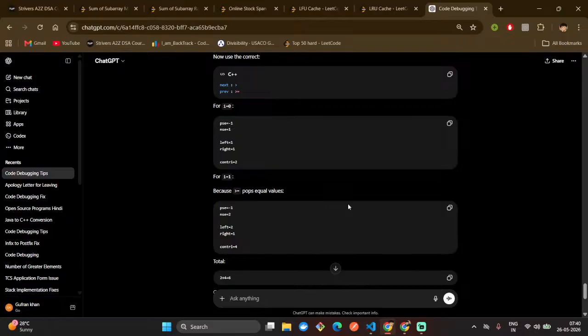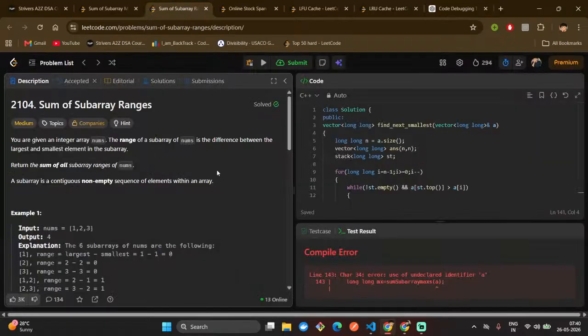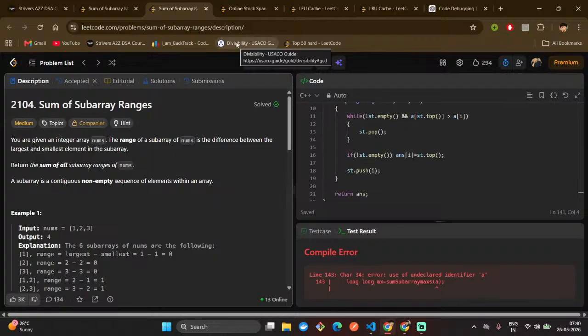Yes, just we have to use the previous element. Okay. Just we have to learn it.